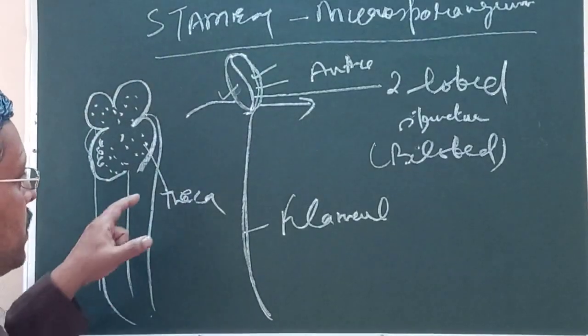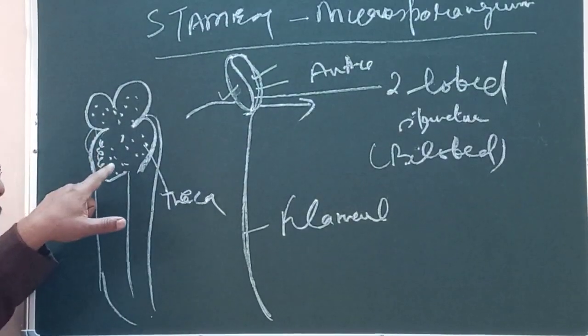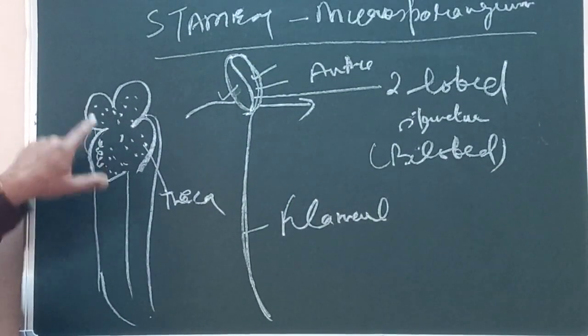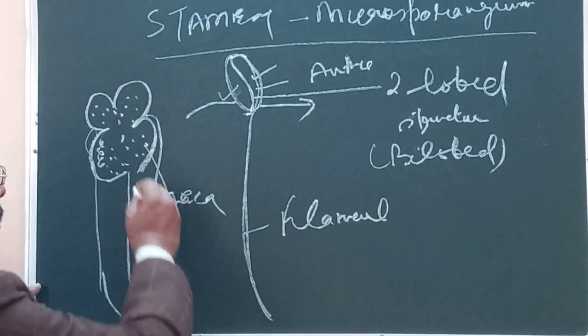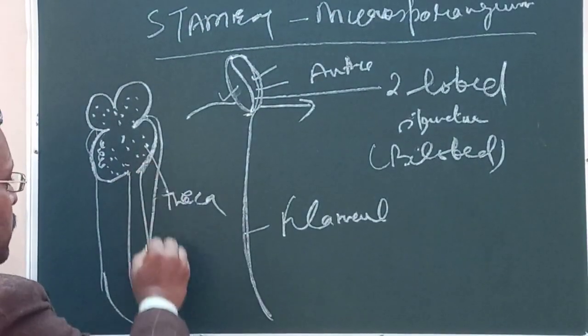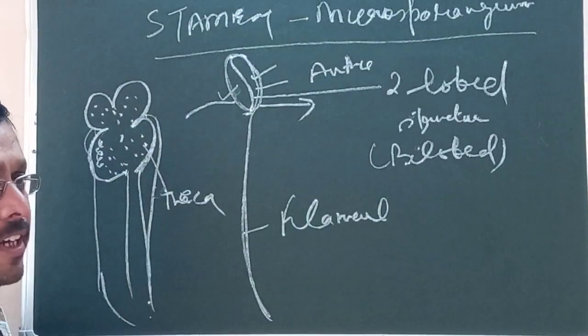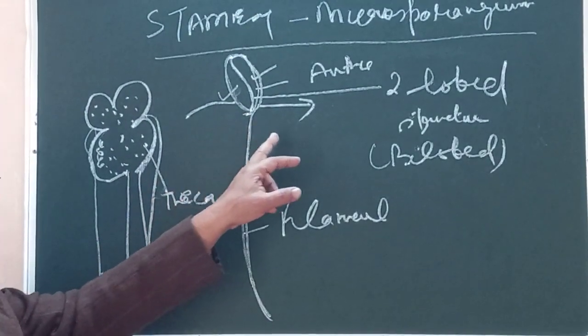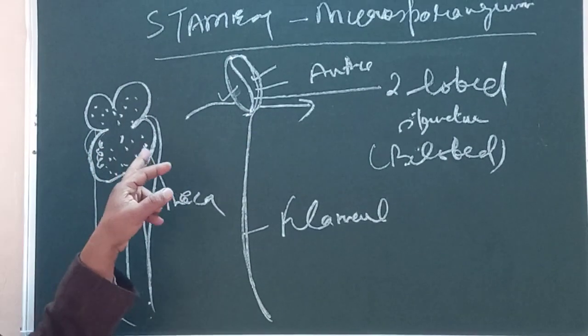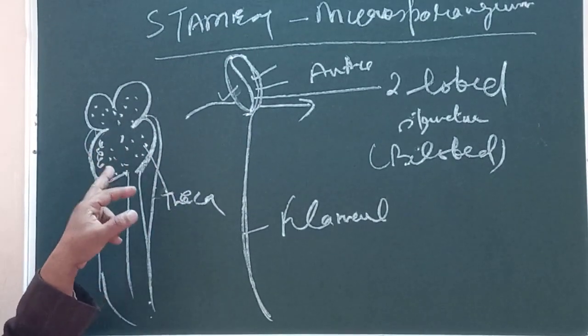So, this is called theca, and there are two thecae in each lobe, so four thecae in two lobes. So the anther externally is a bilobed structure and internally it has four thecae, two thecae in each lobe.